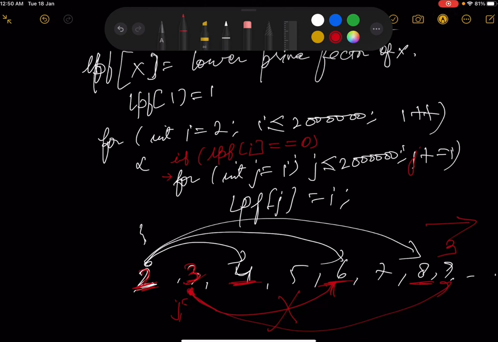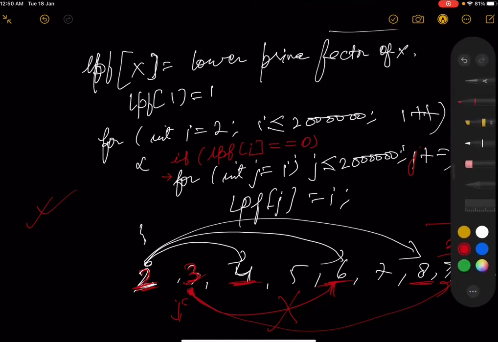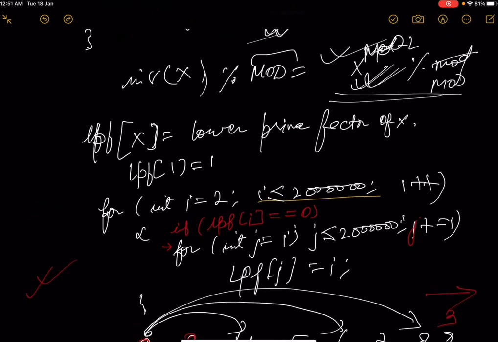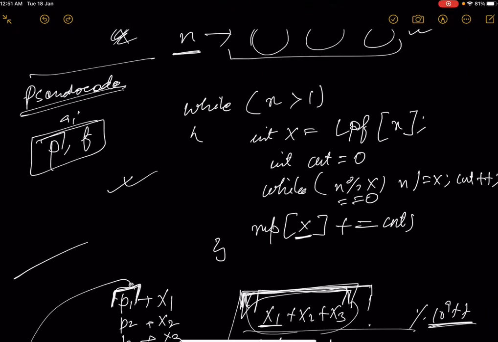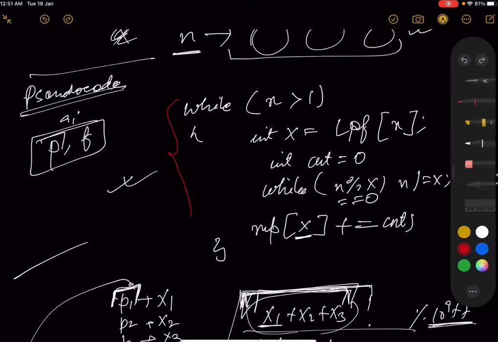In this way we can find the LPF of all the numbers. After that, we just need to find how many times all the prime numbers will appear. We can find it using a map. This map of x will store how many times a prime number x occurs, its frequency.